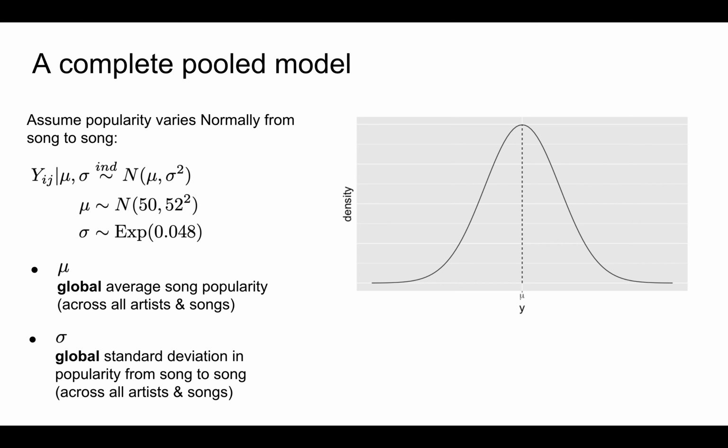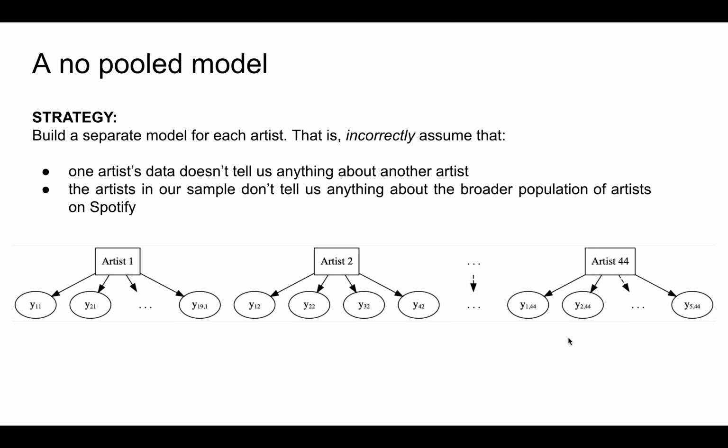Again, the complete pooled model strategy incorrectly ignores the fact that we have multiple related songs for each artist in our sample. It puts them all into one pool or population. Using our current toolbox, we might instead model this group structure data using a no-pooled strategy.